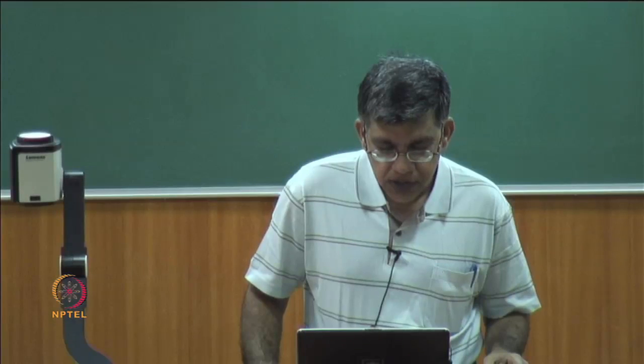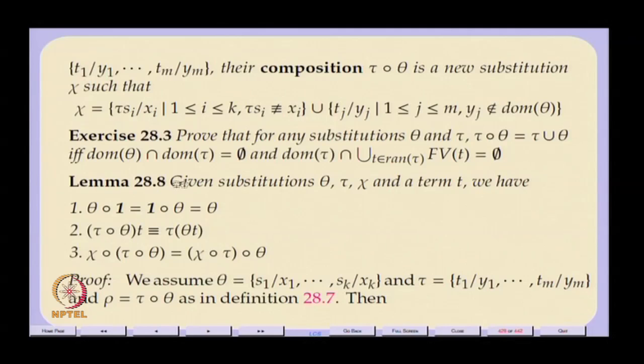In your exercise 28.3, what is the second condition? This is the associativity. Basically, domain of theta intersection domain of tau is empty, and domain of tau intersection free variables of t, for all t's which belong to the range of tau.